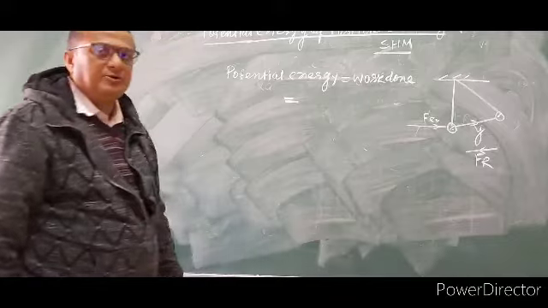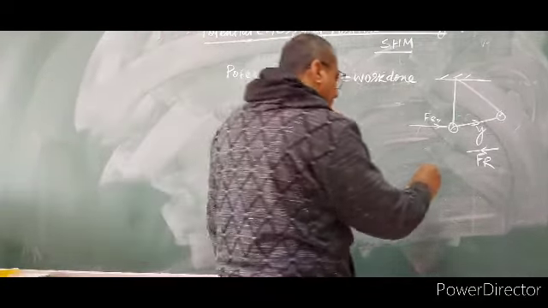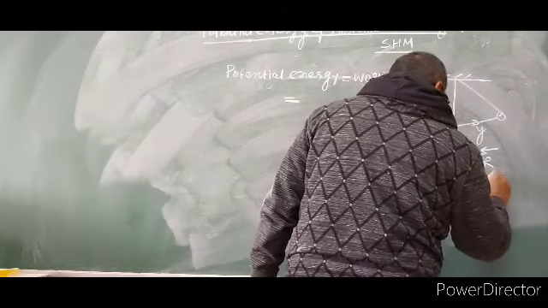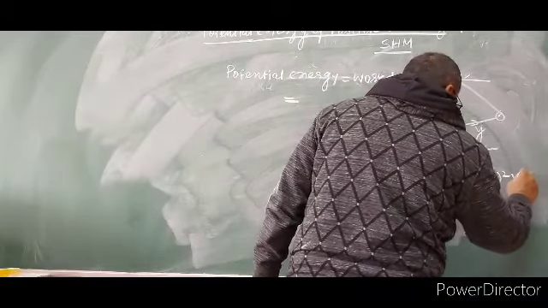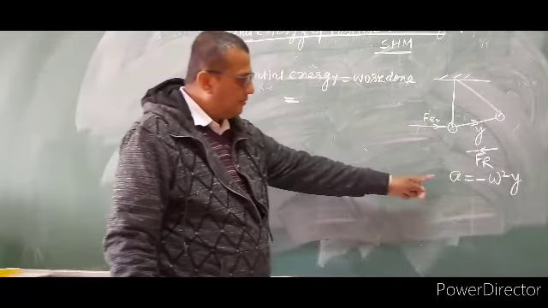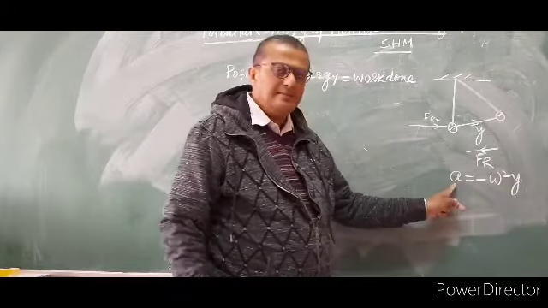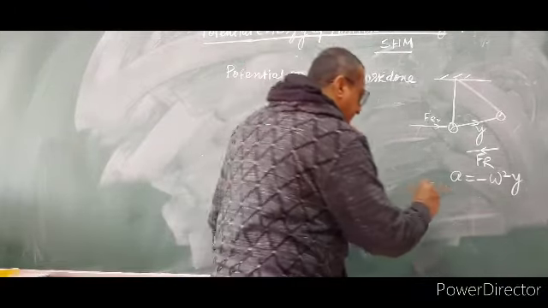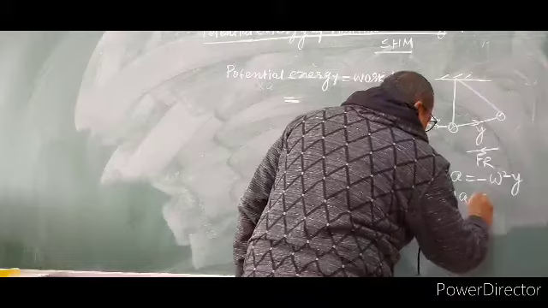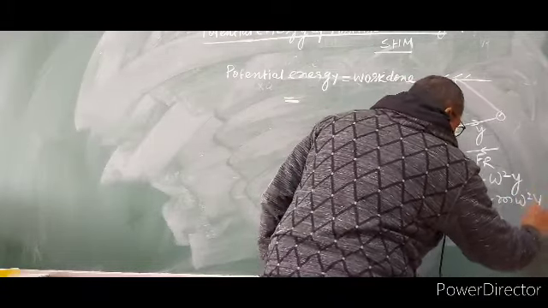This work done is related to what we know: a equals minus omega square y. If we multiply by m on both sides, ma equals minus m omega square y.